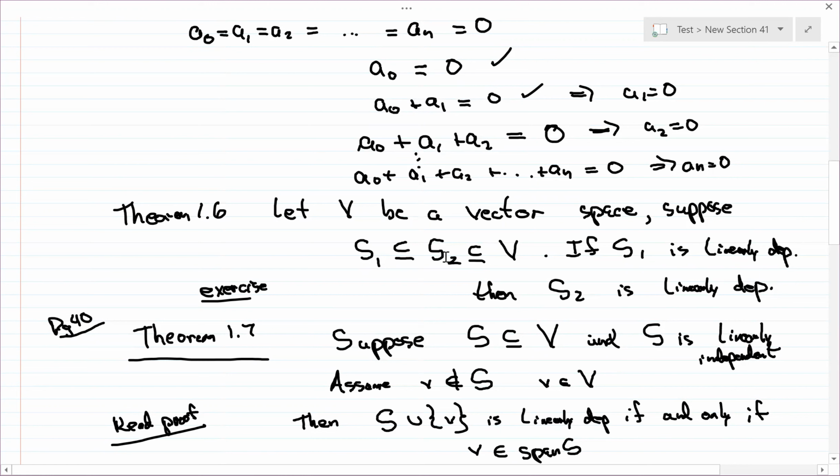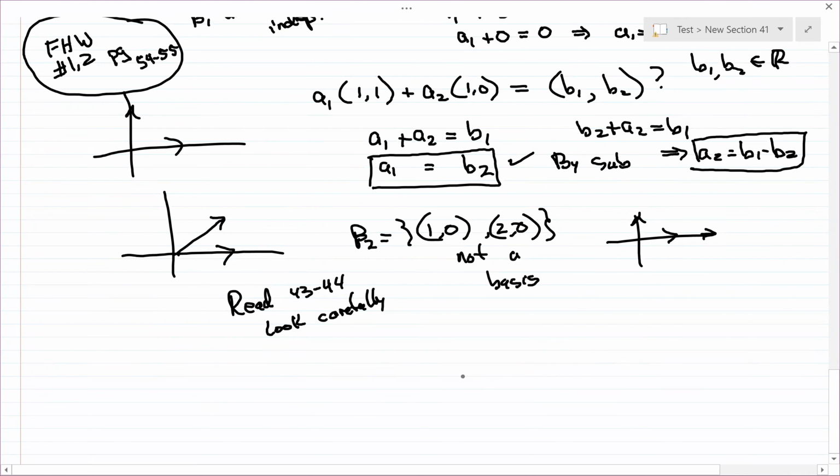So suppose S1 is a subset of S2, which is a subset of R^2. Why not make it easy? Suppose S1 just has the vector (1, 0) in it.